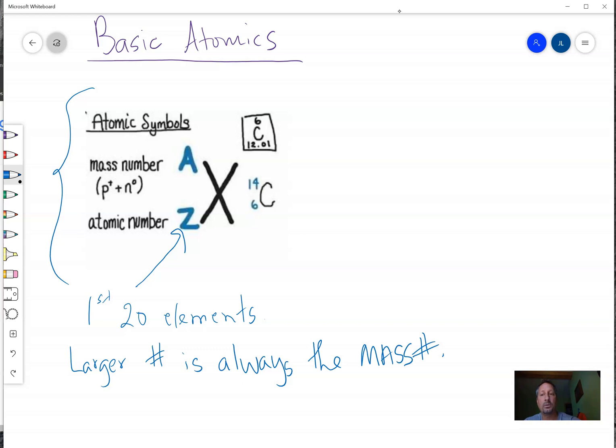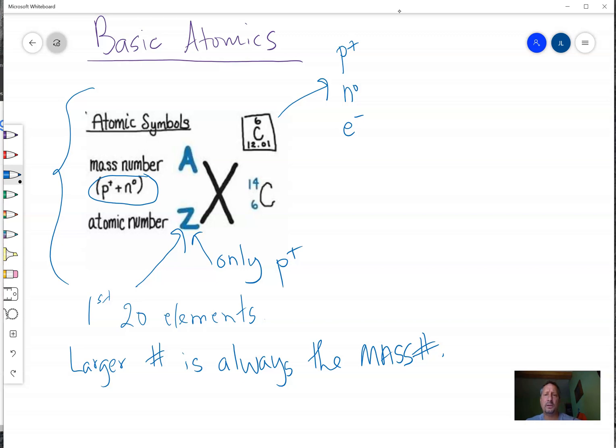Notice that's because it's protons and neutrons, whereas the atomic number is only the protons. You probably learned in middle school that an element has protons, neutrons, and electrons. I use these symbols because protons are positive, electrons are negative, and neutrons are neutral. Pretty easy mnemonics to remind yourself.